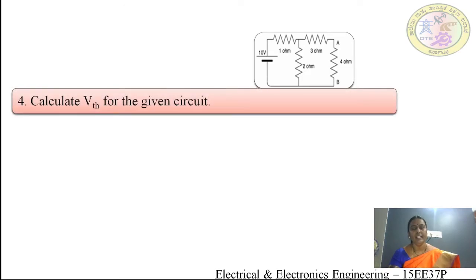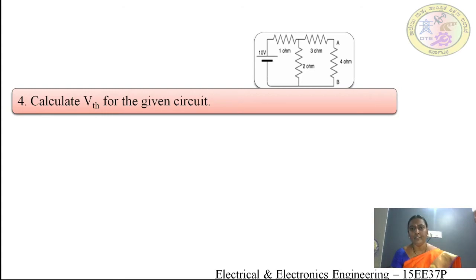Next, consider the same circuit. Let us calculate the Thevenin's voltage. The Thevenin's voltage is the open circuit voltage across the terminal AB. First we will calculate the current flowing through the circuit. When we open circuit AB, there is no current flowing through the 3 ohm resistor.